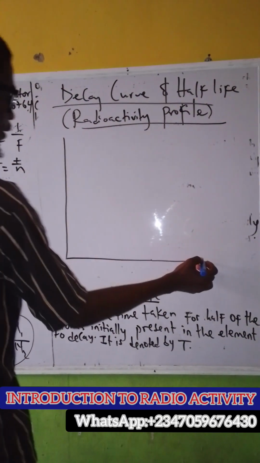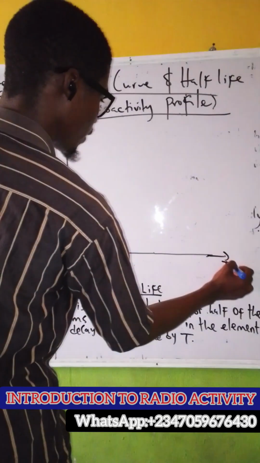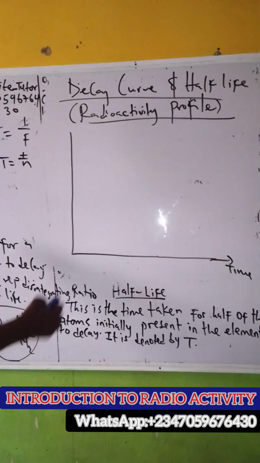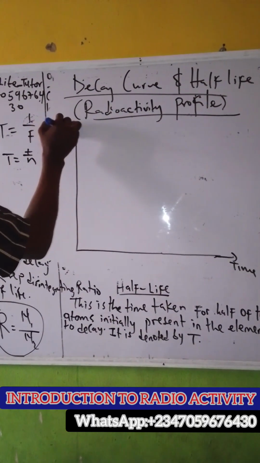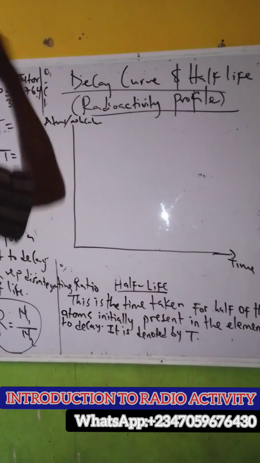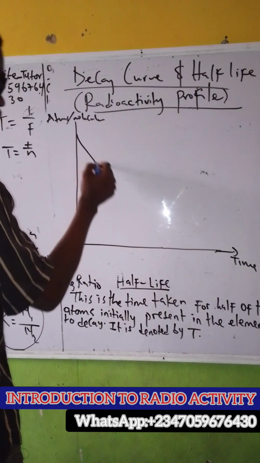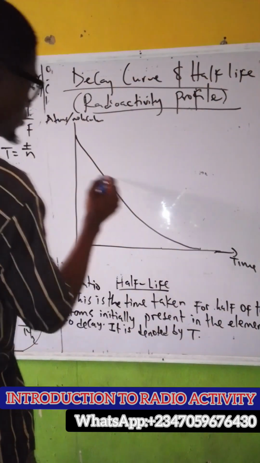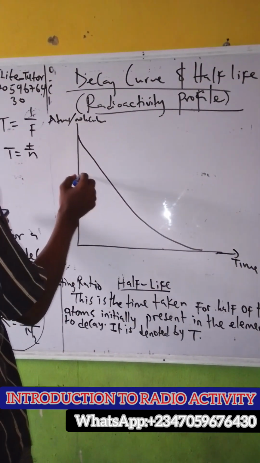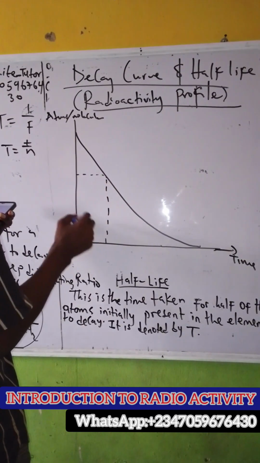This side is our time, and these are our atoms. It can be your atoms or molecules, depending on what you have. Alright, so I have this like this. This is the curve. It is just like a normal demand curve.